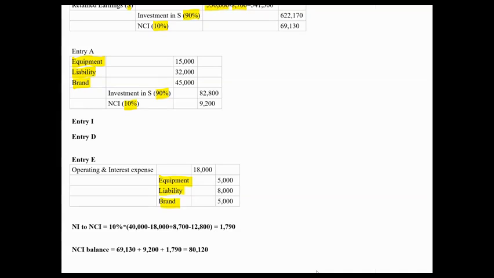And all the amounts here can be found in our excess annual amortization schedules. Okay, so that's all the consolidation entries.